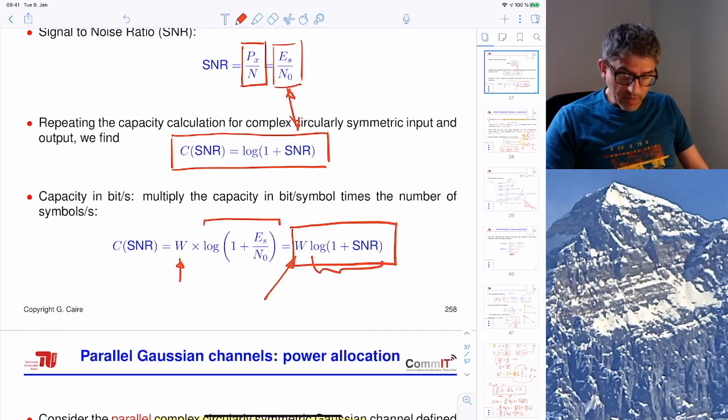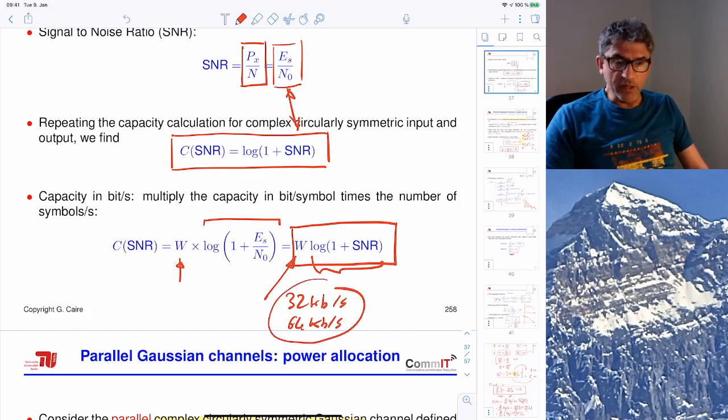And so you may get, for example, 4 times 8 is 32 kilobit per second, maybe 64 kilobit per second. And these were the famous line modems that you see in certain old-fashioned movies in the 80s, like, for example, War Games.